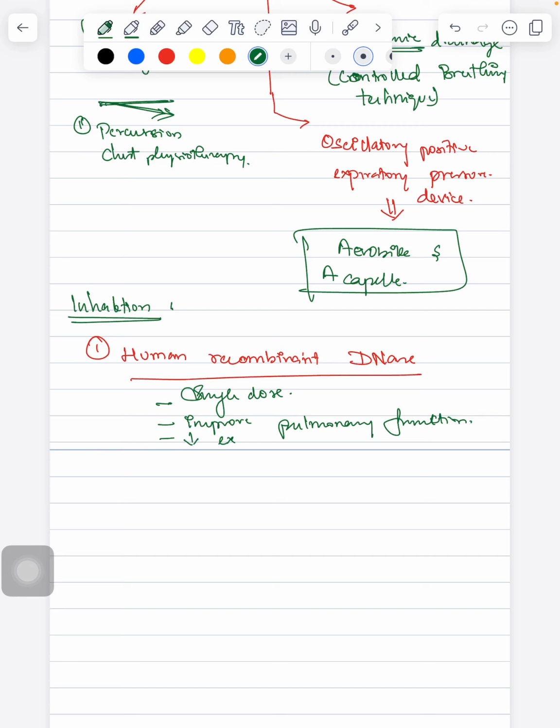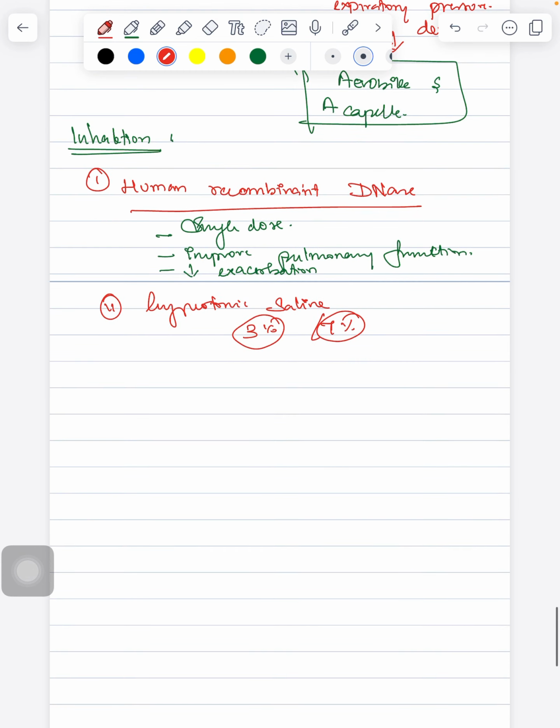Next, second, you can use hypertonic saline. This hypertonic saline, we normally use 3% saline, but you can also use 7% saline for the patients with cystic fibrosis. Okay, you have a method to do this chest physiotherapy to a child. First, you have to give a salbutamol, that is a bronchodilator, to the child.